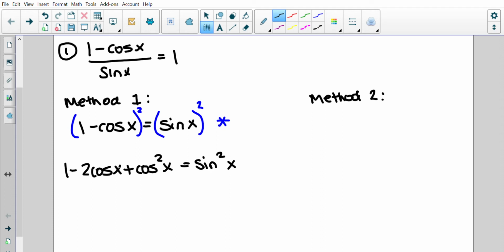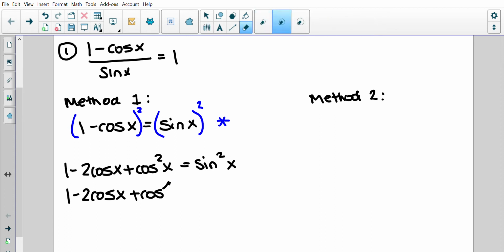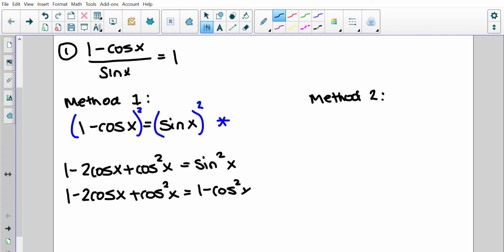And everything on this side is in terms of cosine, I can use the Pythagorean identity for sine squared x to get it to be in terms of cosine x. So it would be 1 minus 2 cosine x plus cosine squared x equals 1 minus cosine squared x.